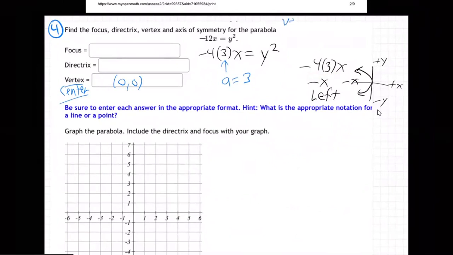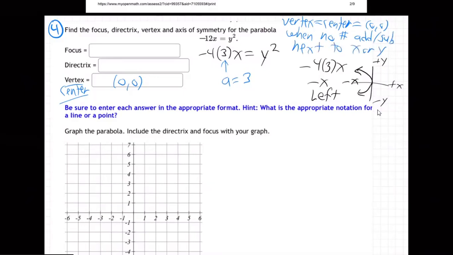So the vertex, let me write that up here, equals the center equals 0, 0 when there's no numbers added or subtracted next to x or y. You might think, well, you have numbers next to x, yeah, but they're not added or subtracted.